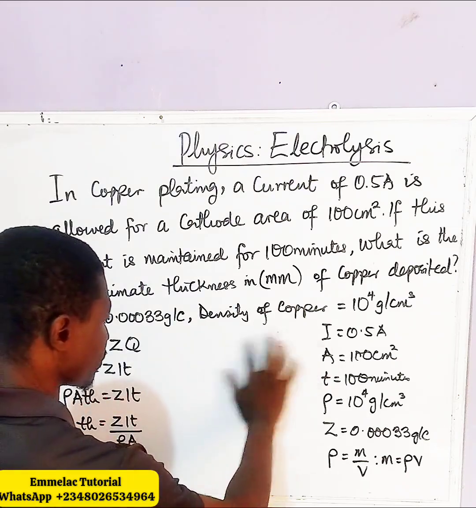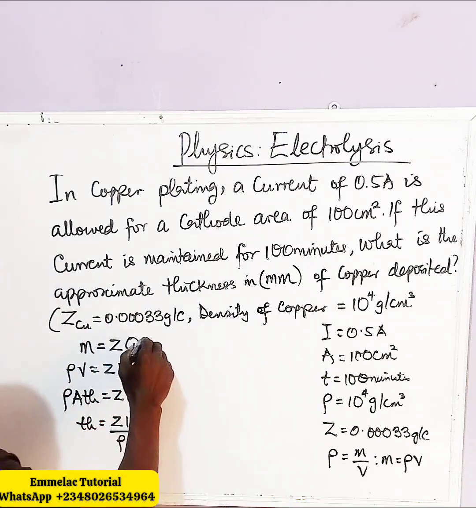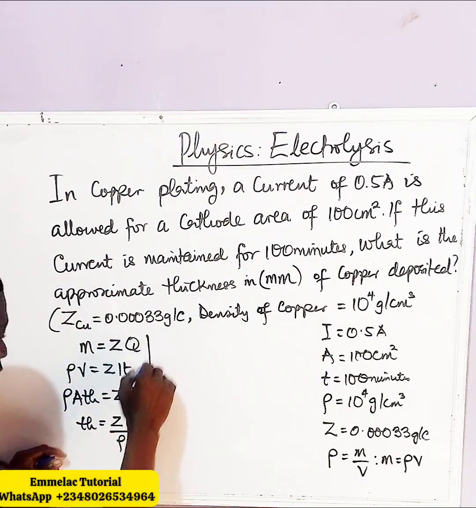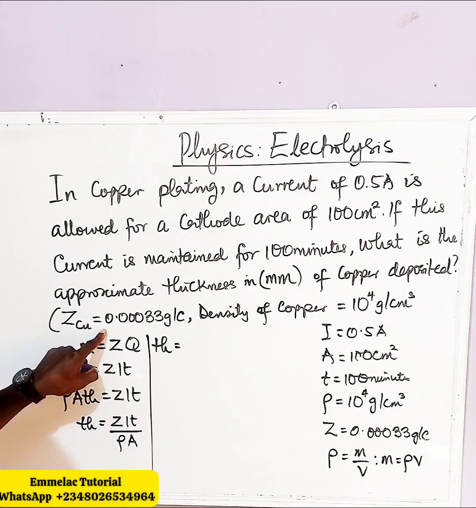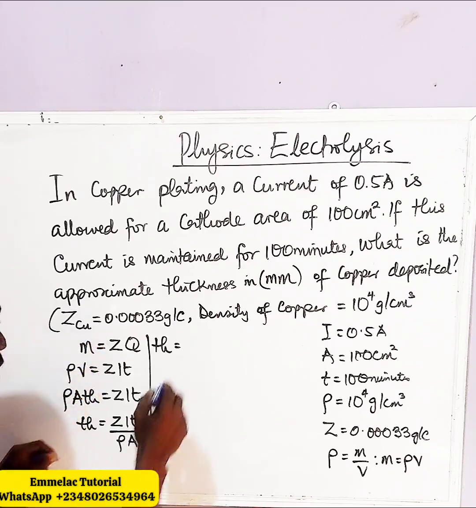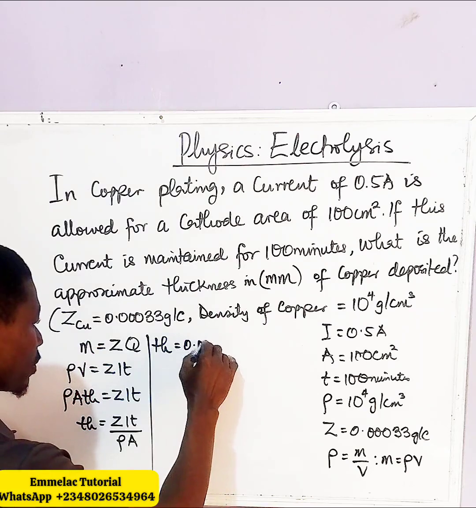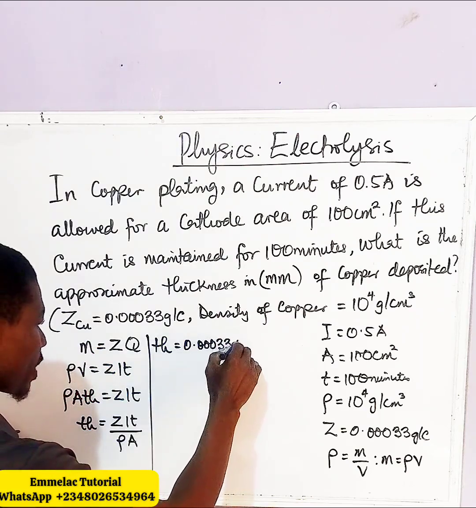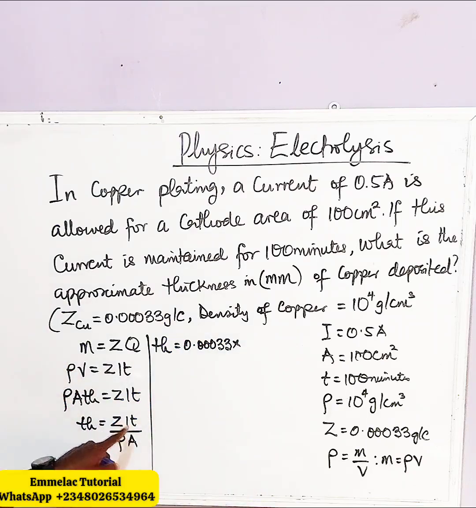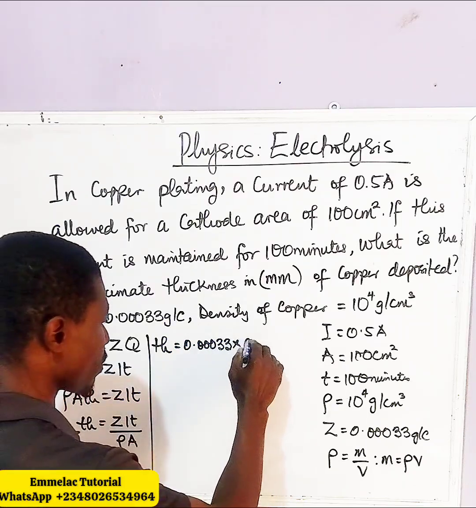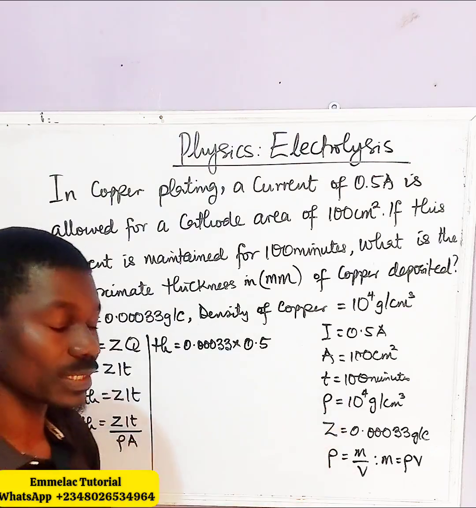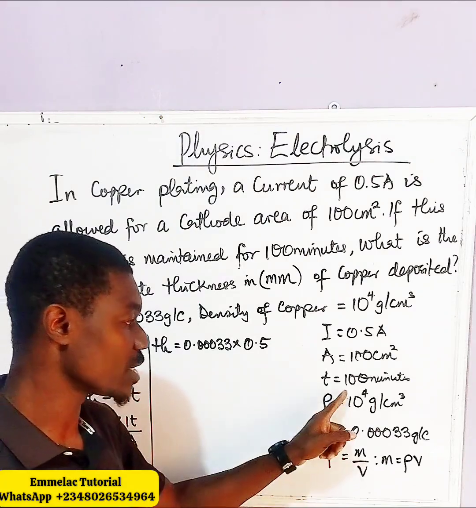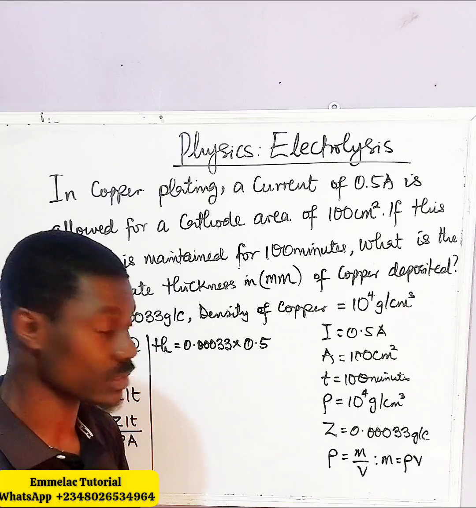Then here we have that the thickness will now be Z, which is the electrochemical equivalent of the copper, given as 0.00033, then times the current, that is 0.5, then times time, 100. Now we have to convert this to seconds.